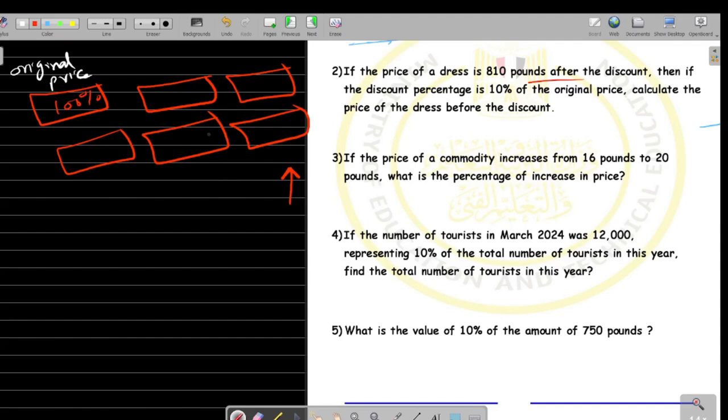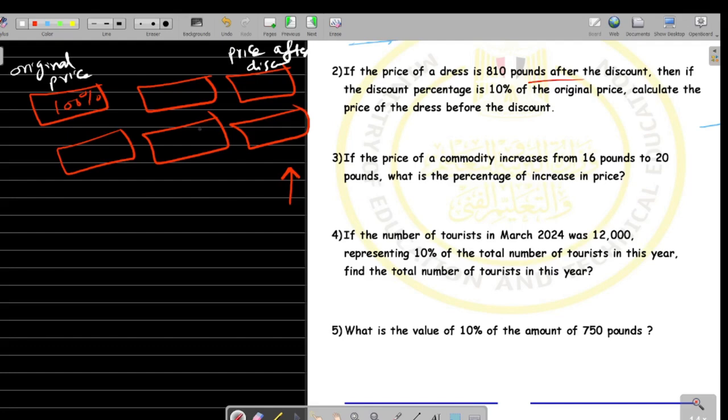Why? Because it's not its original price. Here it's the price after discount.